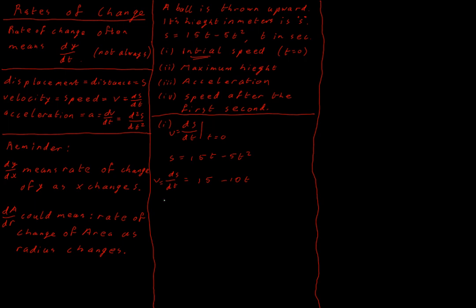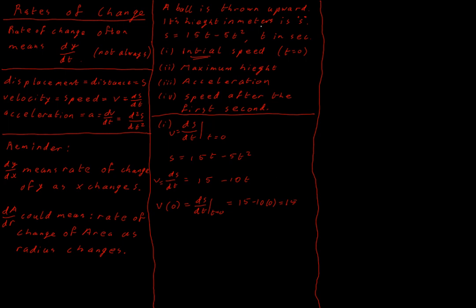Set t equal to 0, which we could also write as v of 0, would be the same as ds dt at t equals 0. It's important we know these different ways that they could give us this information. And we have 15 minus 10 times 0 is equal to 15.